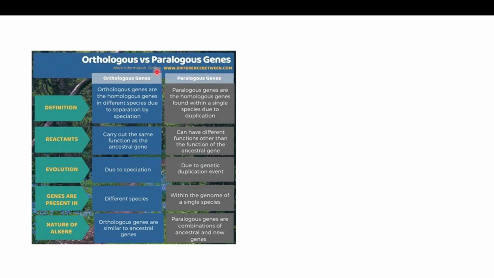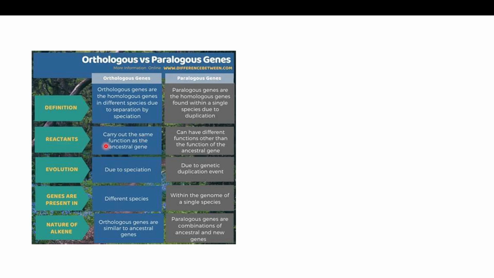Now when we talk about orthologous and paralogous genes, what are orthologous genes? These are genes from different species which have been separated by speciation. Whereas paralogous genes are found within a single species, but have duplicated eventually, due to gene duplication, and now they are part of different gene groups.